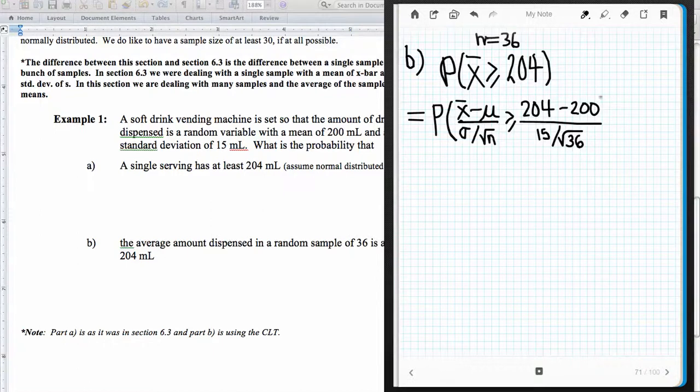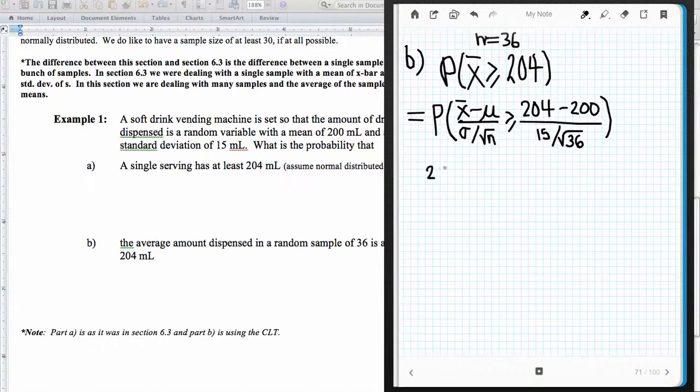Now I want to point something out here. One of the things that I want to point out is the fact that this 15 divided by the square root of 36, in the denominator, this square root of 36 ends up multiplying the whole thing.